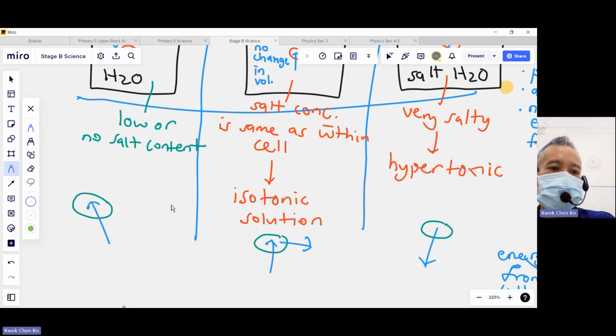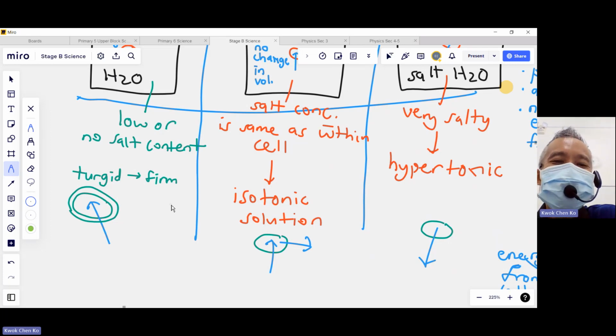Okay, so it becomes turgid, which means firm. It becomes fat and firm. Now, question, why doesn't it burst? They like to ask about this.